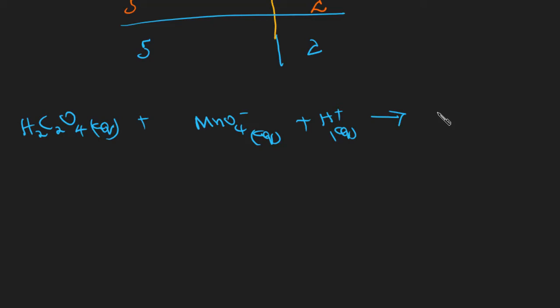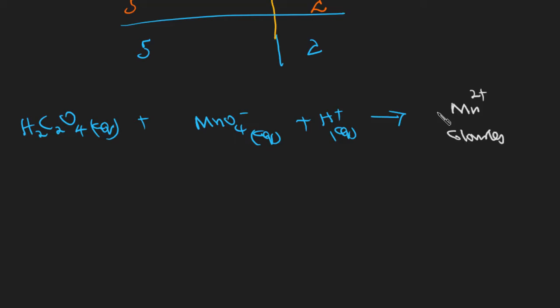In this case, to know the products, we need to remember that manganate 7 is a strong oxidizing agent, and itself it becomes reduced to manganese 2. Therefore, on the other side, we expect manganese 2. Manganese 2 ions are colorless.